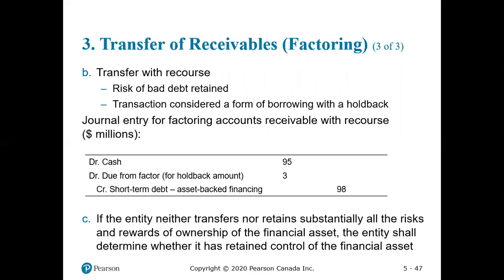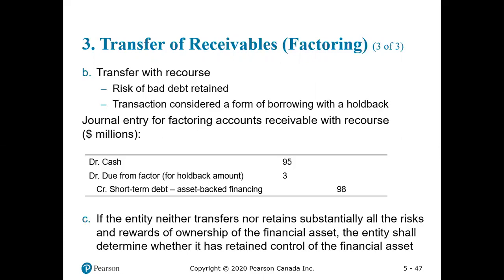So when transferring with recourse, this means that, using our previous example, if Company A is transferring $100,000 of receivables to Company B with recourse, then if Company B doesn't collect an amount from the customer, they can go back to Company A and demand that Company A pay them for that amount, or that Company A take the receivable back. So therefore, Company A can't actually remove the AR amount from their books because it's technically still their asset. They still bear the risks associated with it not being collected.